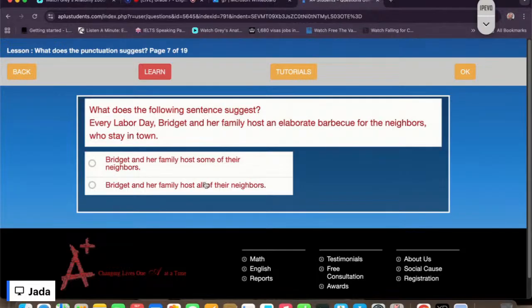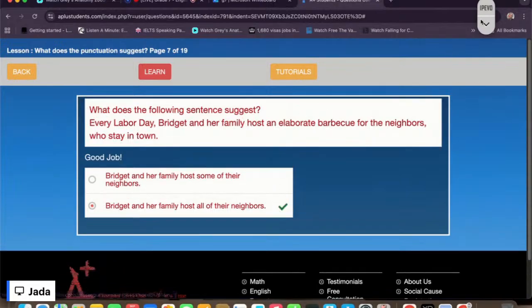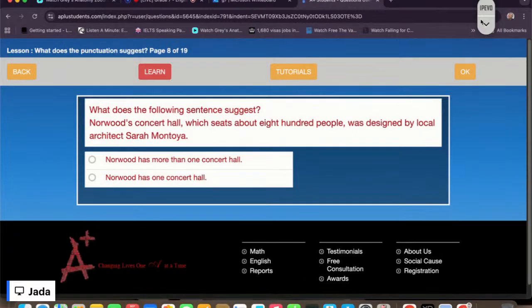Okay, so we have what? The second. Okay. Norwood's Concert Hall, which seats about 800 people, was designed by local architect Sarah Montoya.